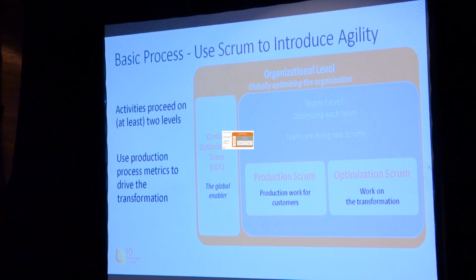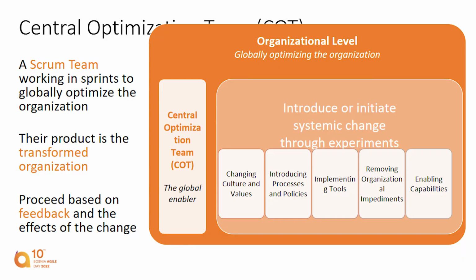One for their production work. They still need to deliver value to end users despite the transformation. We can't just do the transformation. But in parallel to the production work, they should do the optimization Scrum, and we'll discuss that briefly soon enough.